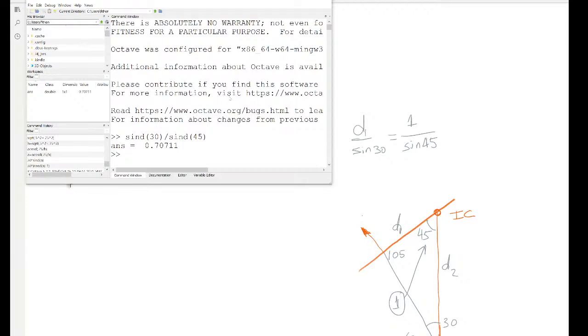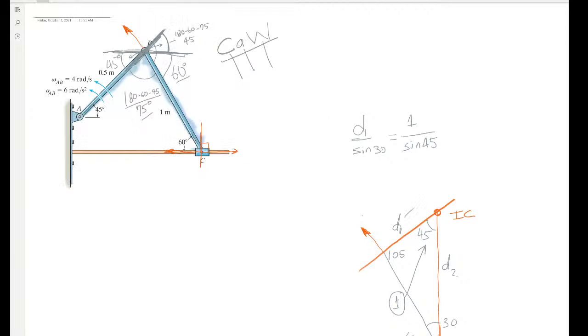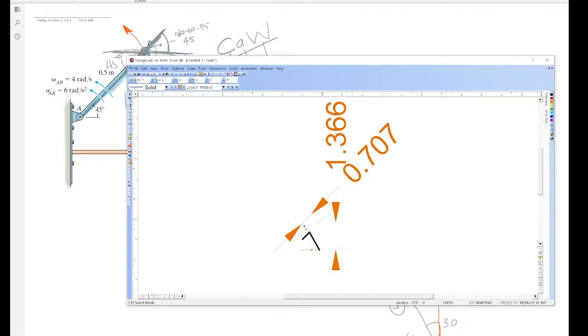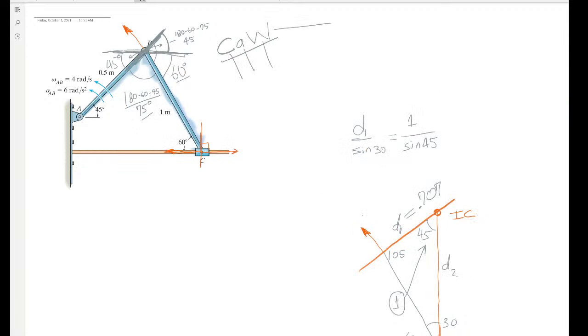So guess what? 0.707. Now, I want to go look at it. That's exactly what we have right there at this point. So we checked it. We did a check along the way.